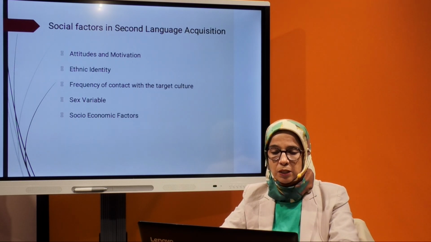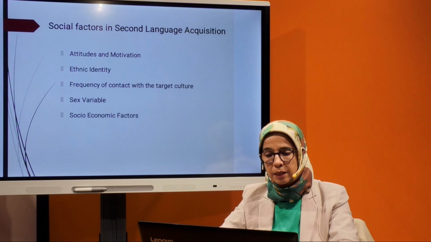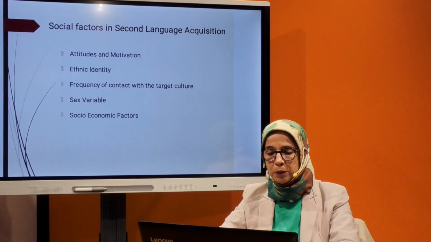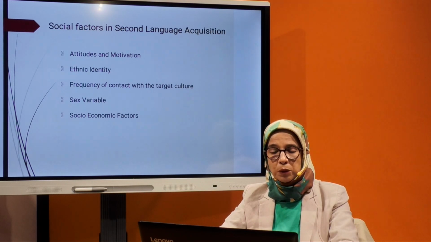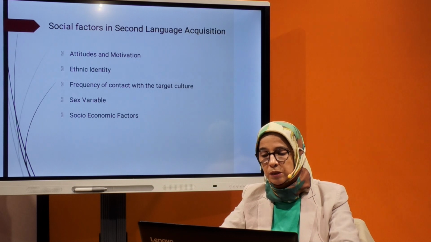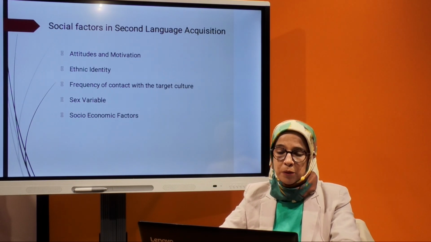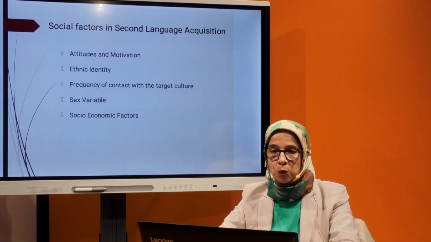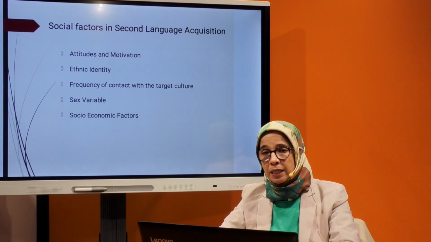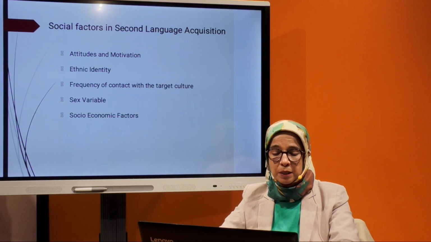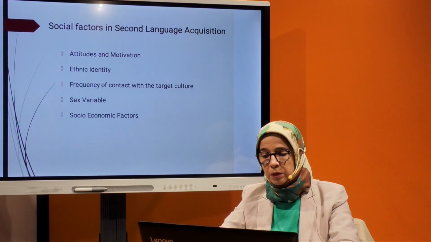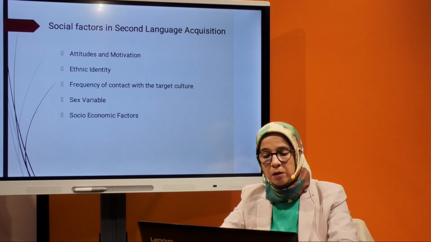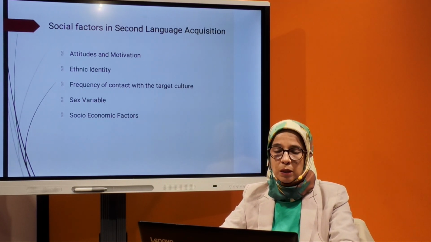The findings suggest that actual contact with the target culture helps the learners to adopt positive attitudes towards the language and increases the development of certain empathy towards the language itself that is being learned. It also increases the development of a certain ability to understand other people's feelings, to appreciate their behavior, and to respond appropriately.